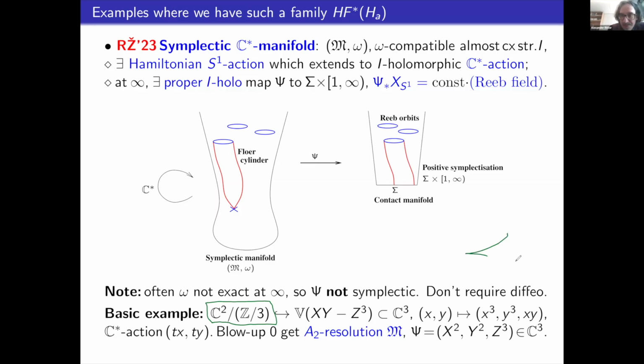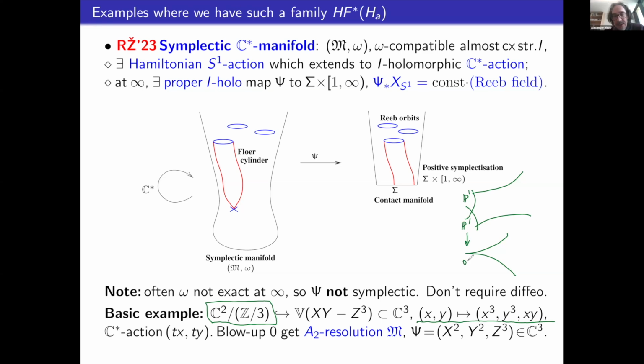So we have the singularity, and we can embed the singularity via the Veronese map into C3. We blow up the origin, and what happens is that then we get two copies of CP1 intersecting transversely, so two spheres intersecting transversely, living over the singular point 0.